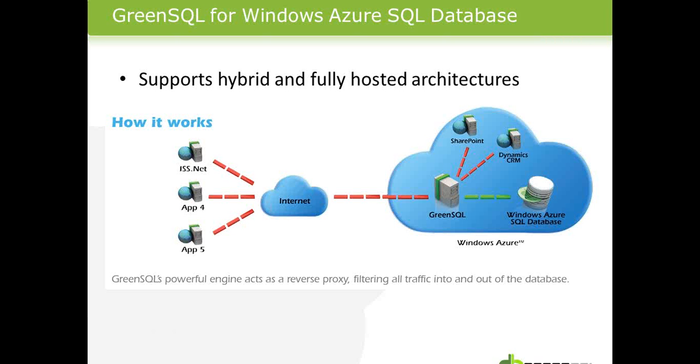So you can see here 3 different applications running on-premise and 2 applications running on the cloud. GreenSQL intercepts the traffic, examines the traffic, provides security and protection and auditing for compliance, and sends the traffic, if required, to Windows Azure SQL Database.